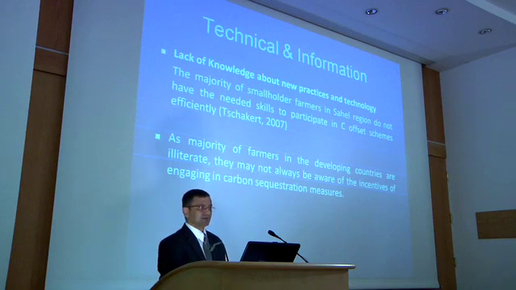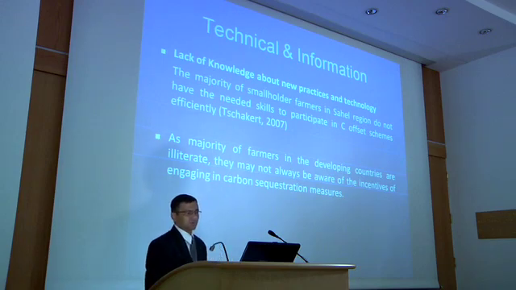Technical and information barriers. Most of the farmers in the developing world are poor and illiterate, so they may not have the know-how to participate in modern agricultural practices that will mitigate greenhouse gases from the agriculture sector.